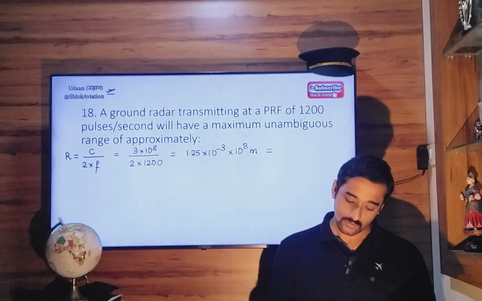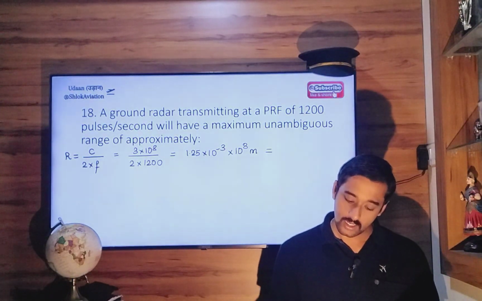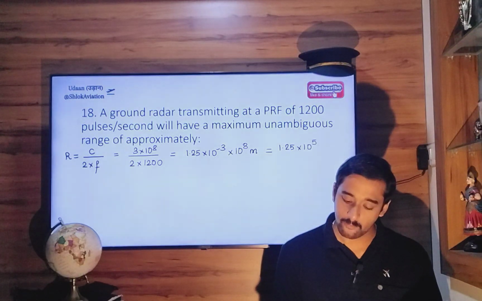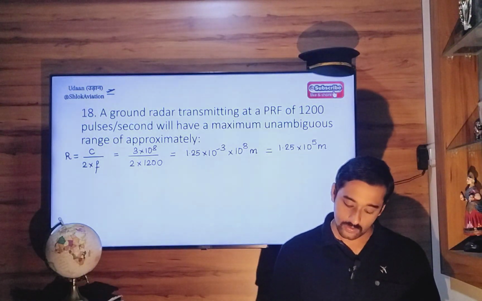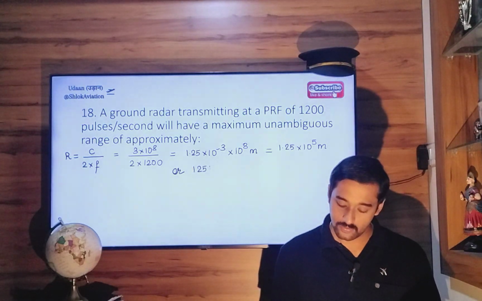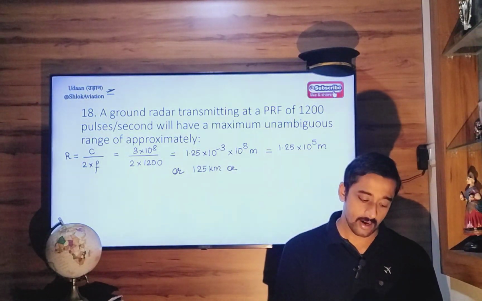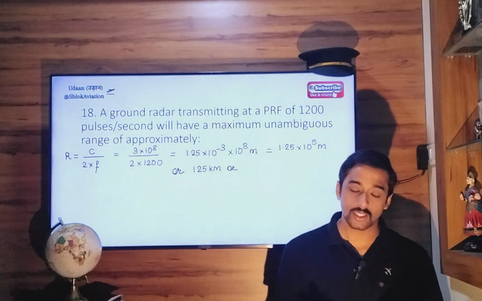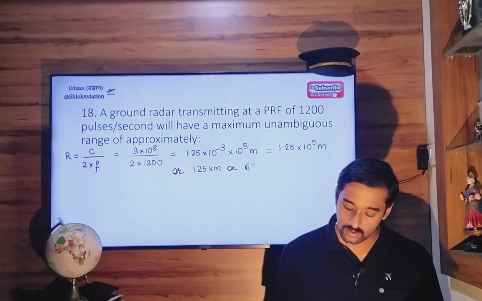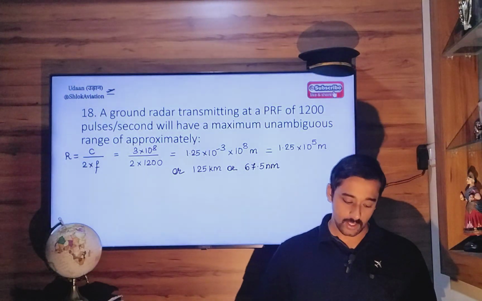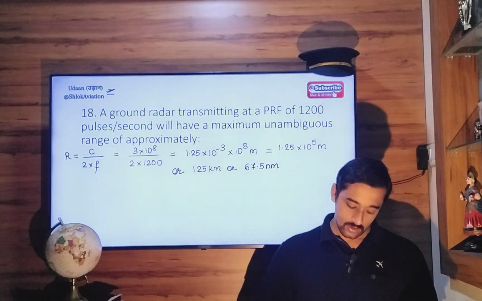So that is equal to 1.25 into 10 raised to 5 meter, or 125 kilometer, or 125 divided by 1.85, that is 67.5 nautical miles. Simple. Next.